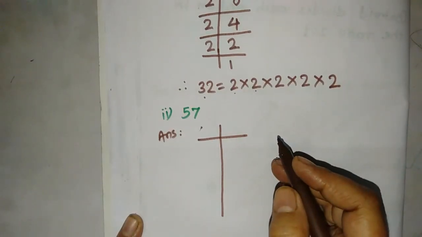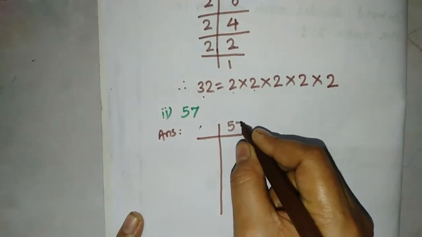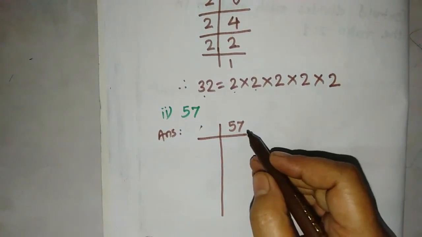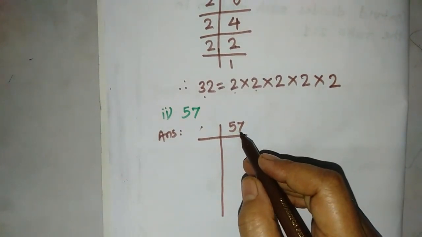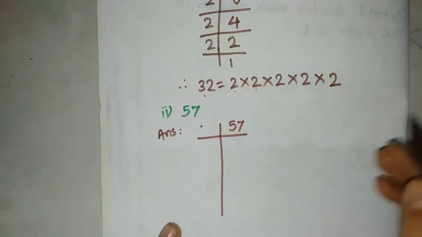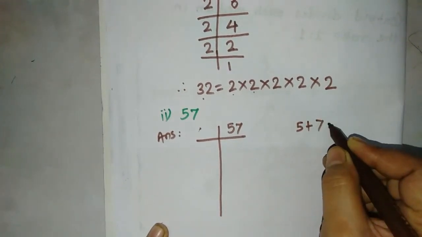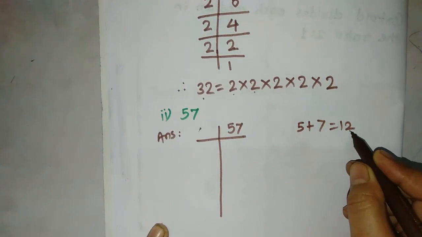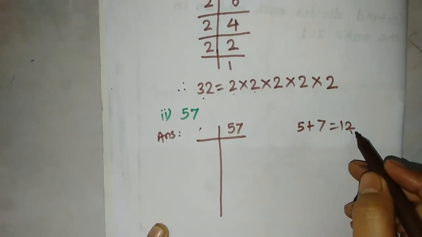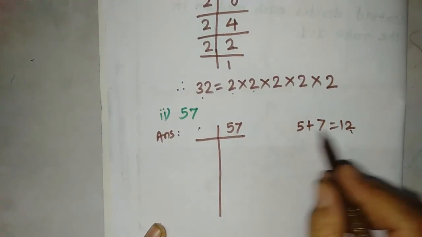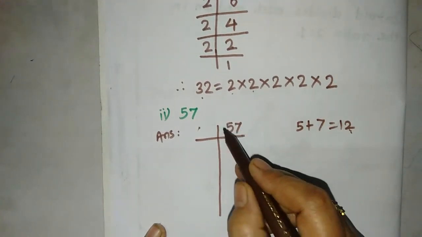Next is 57. 57 is not an even number, so check whether it is divisible by 3 or not. Take the addition of the digits of 57, it is 12, and we know that 12 comes in the table of 3. 3 4s are 12, so 57 is divisible by 3.